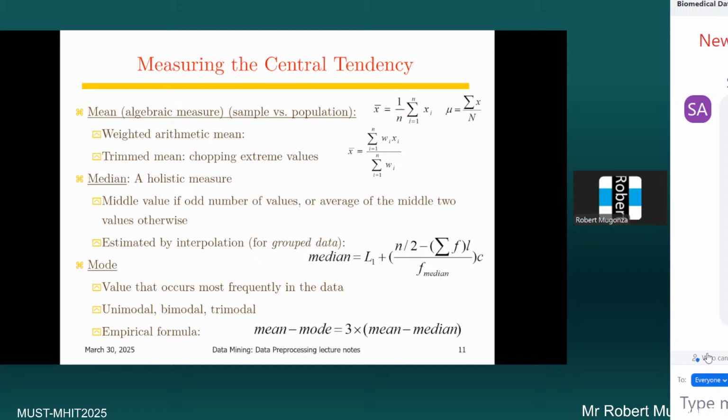Yes, so at this particular slide, we were saying that some of the intrinsic characteristics of a data set include how centrally our data is positioned. Some of those measures that allow us to have such data positioning include things like mean. When we talk about mean, we can infer a sample mean or population mean, all algebraic kinds of mean.